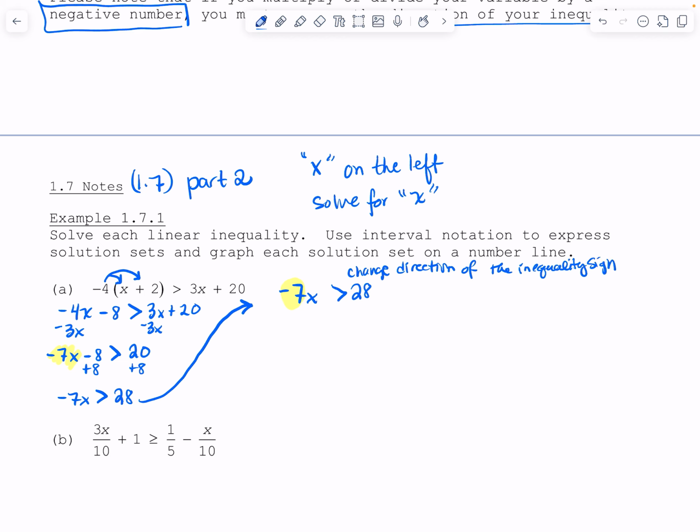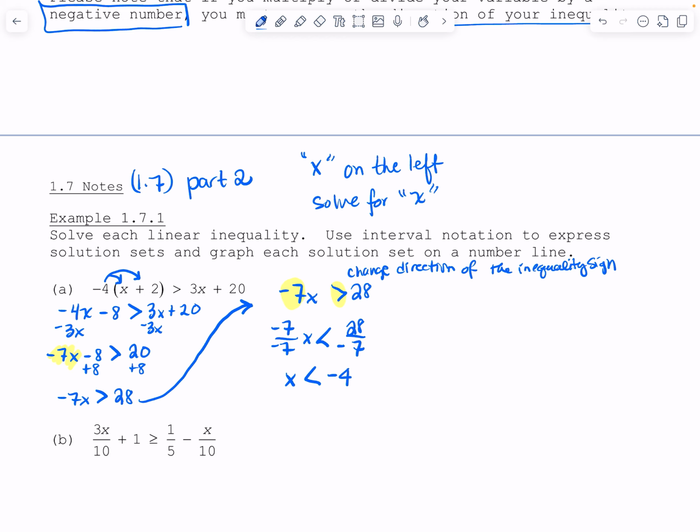Okay? All right, so I'm going to show you what I mean. If I divide off the -7 off of both sides, this inequality sign right here is going to change directions because I divided by a negative number. So this becomes x is less than -4.